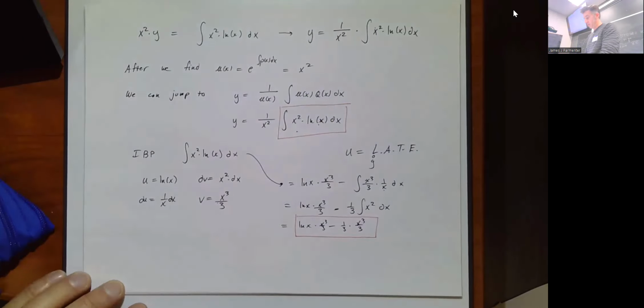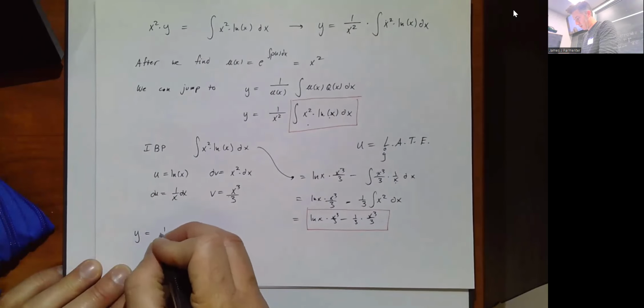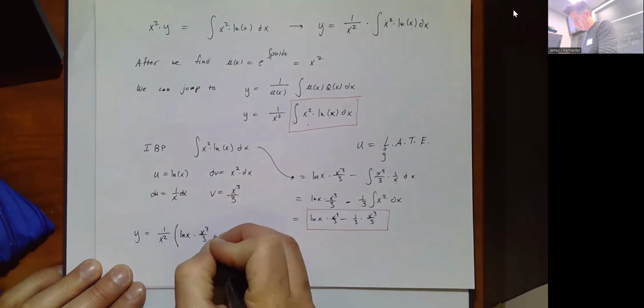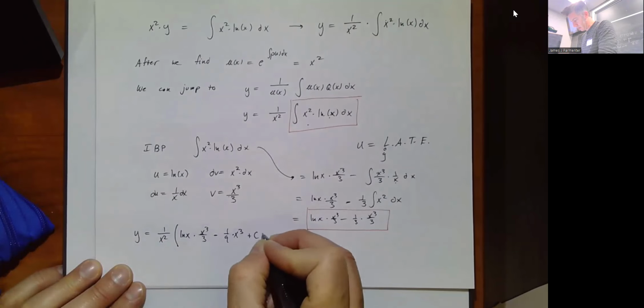So our actual final solution here is that y is equal to 1 over x squared times natural log of x times x cubed over 3 minus 1/9 times x cubed plus c.